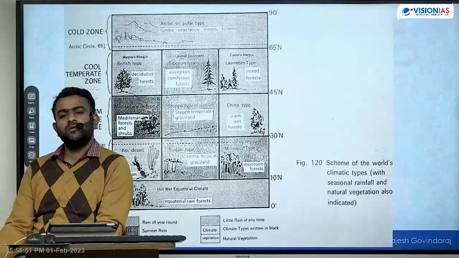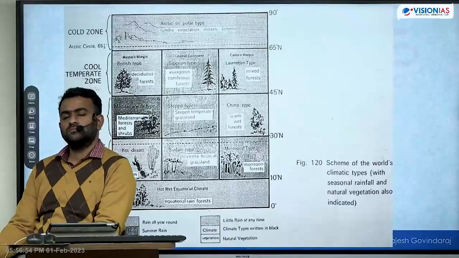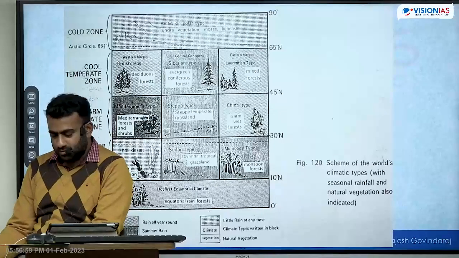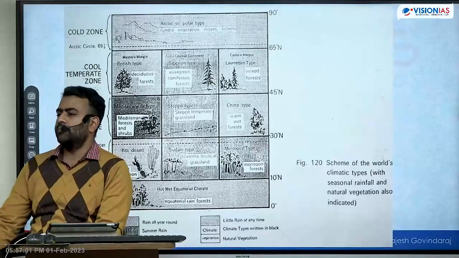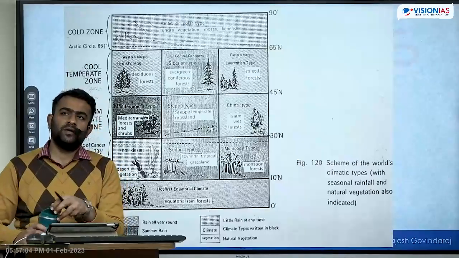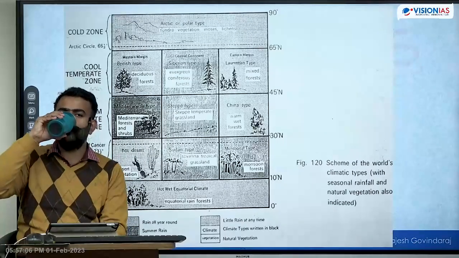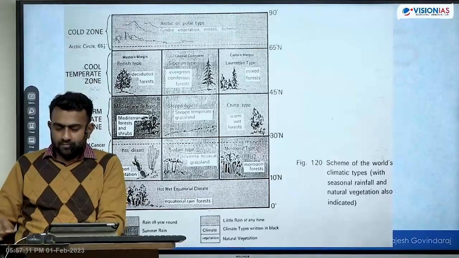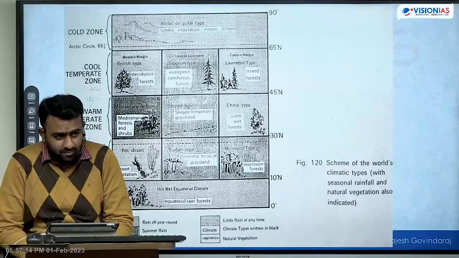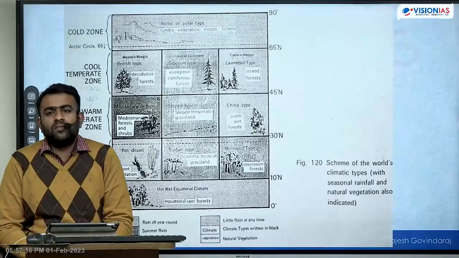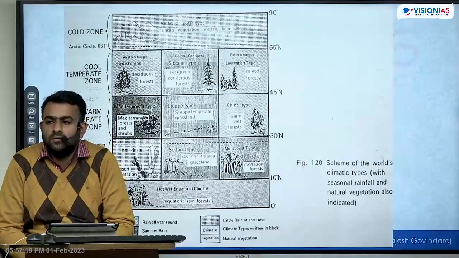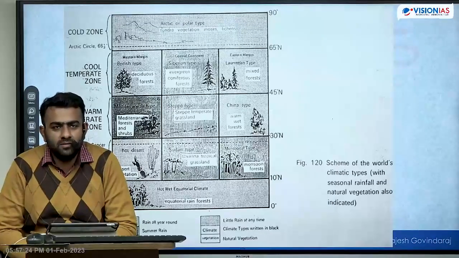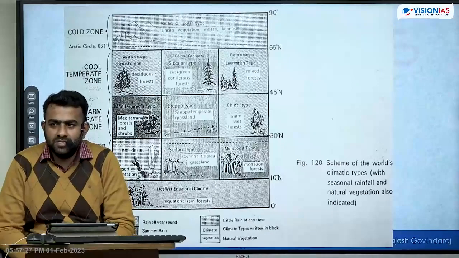Which one is steppe type? Warm temperate continental. Desert type? Hot zone western margin. Cool temperate eastern margin is Laurentian type. British type is cool temperate western margin.